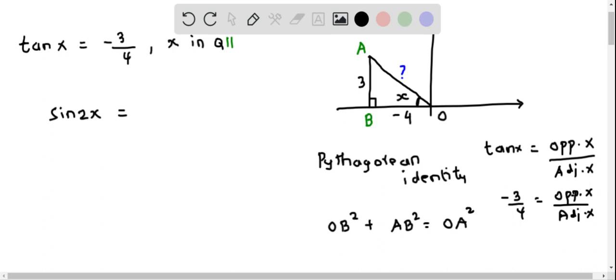That is, the sum of the squares of the two legs of the right triangle equals the square of the hypotenuse. So let's replace OB, which is negative 4. This is (negative 4) squared plus AB is positive 3, so 3 squared, and this equals OA squared.